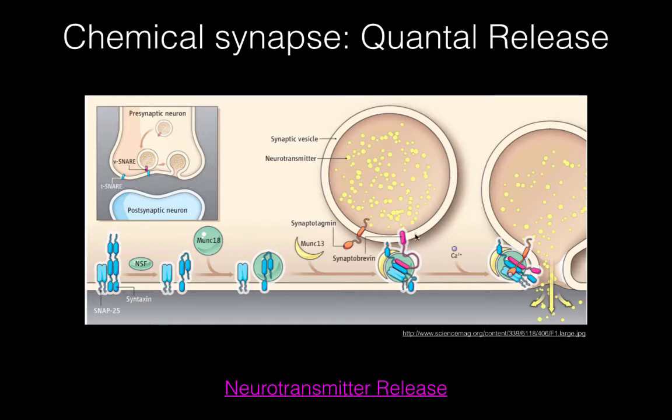When the synaptobrevin and the complex form here from the plasma membrane, it pulls that synaptic vesicle, this circle here, closer and closer to the membrane. We now say that the vesicle has docked. This is the docking phase of chemical synaptic neurotransmitter release.